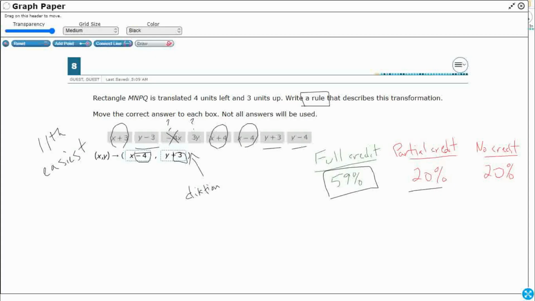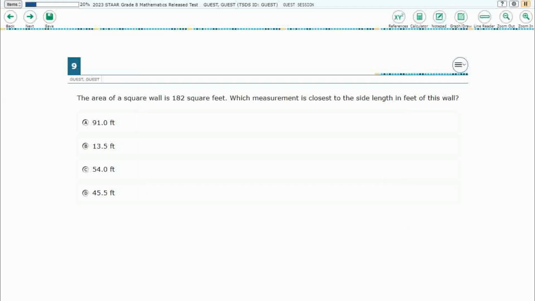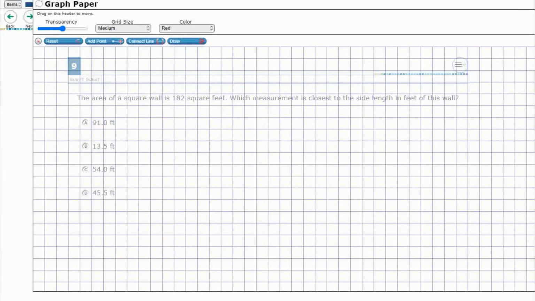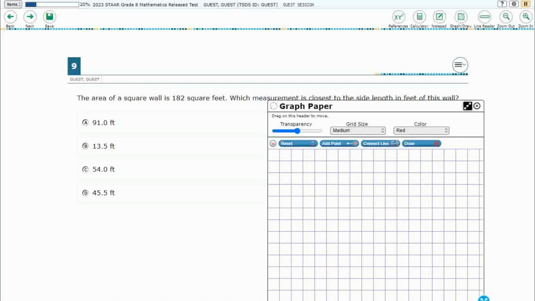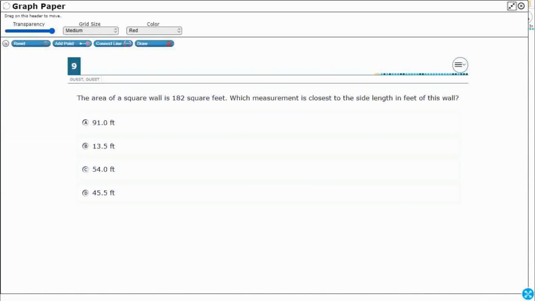For number 9, we are approximating square roots. This is TEKS 8.2b in reporting category 1. Now, this would be easy if they simply gave you the square root and they said, what is the approximate square root of that 182? Well, that's pretty simple because we're just going to end up putting that into the calculator.